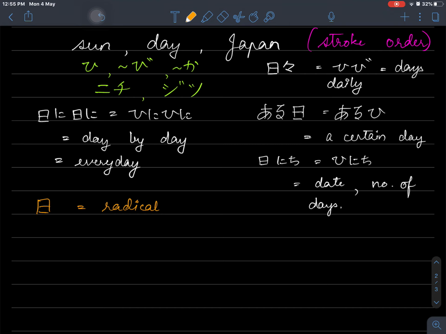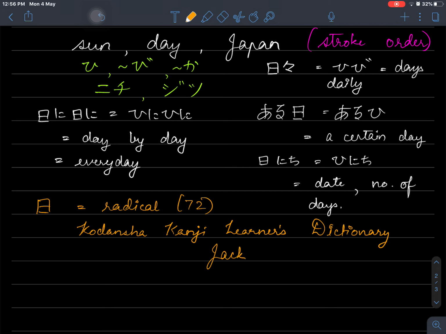There are some additional details given in the book, such as this number 72 written next to the radical, which represents the radical number in the standard radical list. If one also has the additional supplementary book, the Kodansha Kanji Learners Dictionary by Jack Halpern, I think, I'm not sure, I don't have the book with me right now.